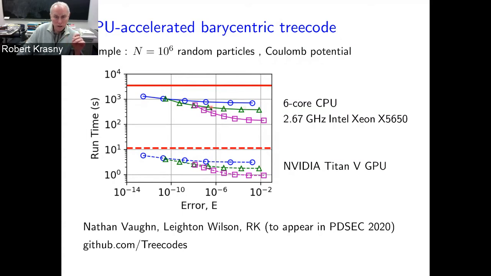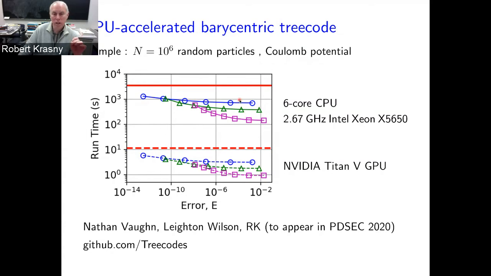The tree code results are these results over here. Now, there are several parameters in the tree code. One is the degree of the approximation, and those are what these symbols represent. So higher degree increases the runtime a bit. And there's another parameter which I haven't told you about, but that determines when a particle and a cluster are well separated.